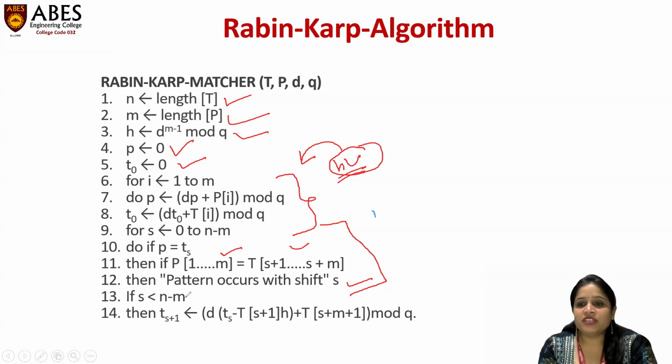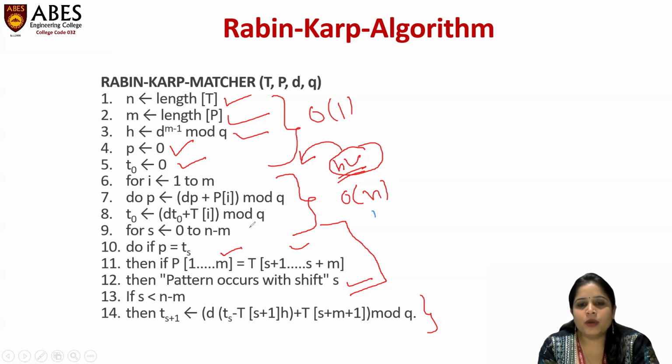If the value of shift is less than n minus m, then again we compute the value of t of s plus 1. For the total time complexity, this statement will compute in order of 1 time. This loop will repeat in order of m time.